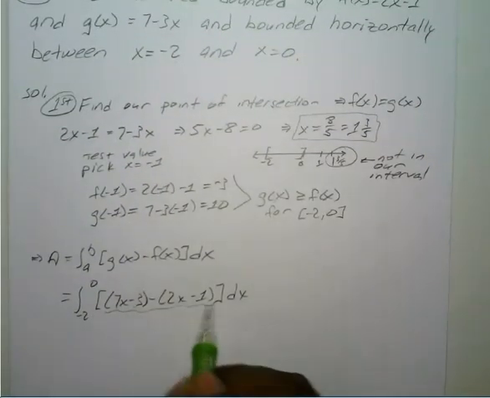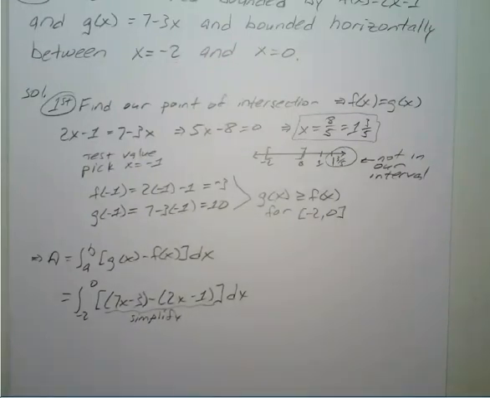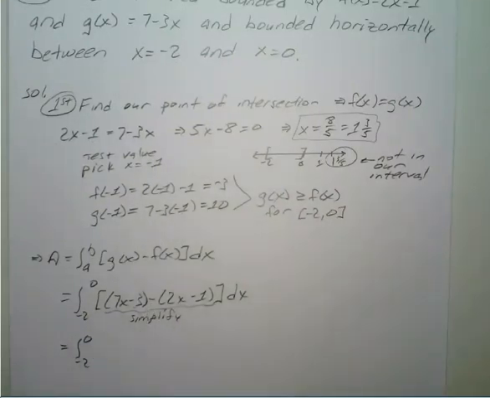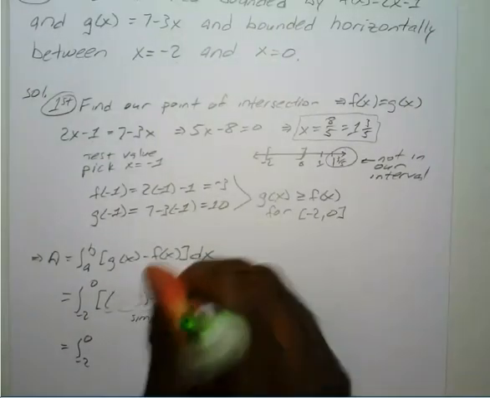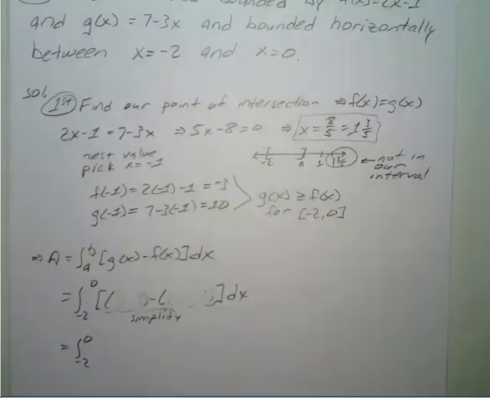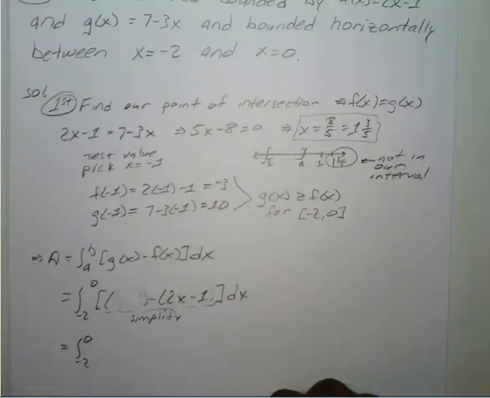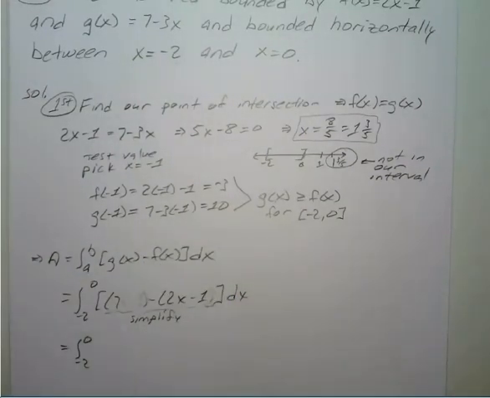Okay, so we go ahead and we simplify what's in there, combine our like terms and all that good stuff. So we end up with the integral from -2 to 0. Oh, did I put that wrong? Yep, I did put that wrong. That's why it's good to double check. It should be 7 minus 3x.